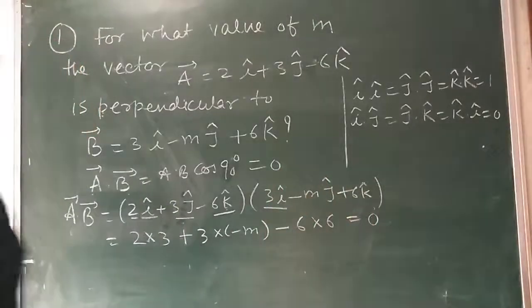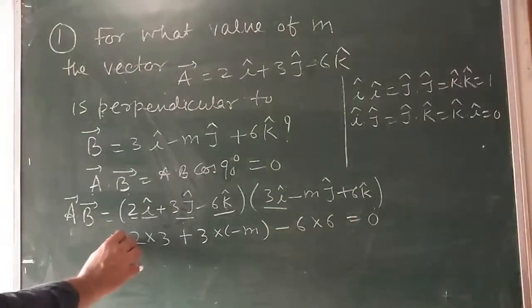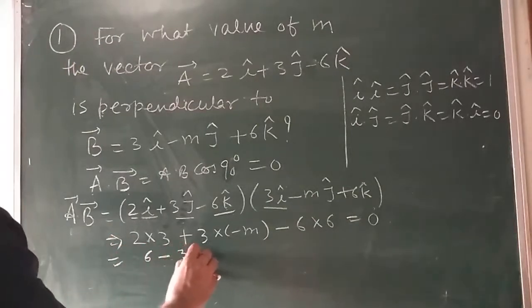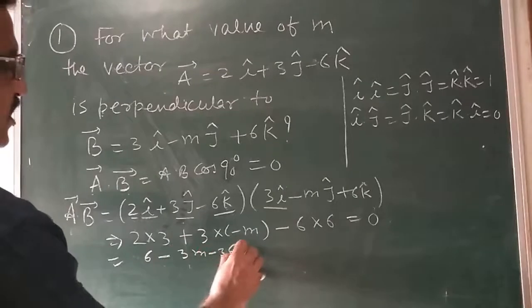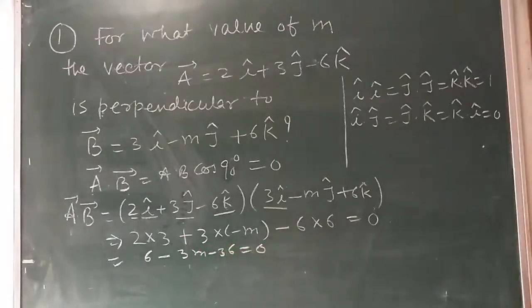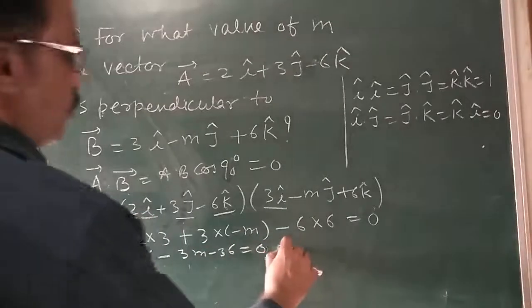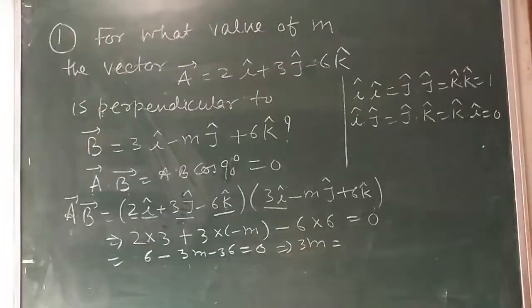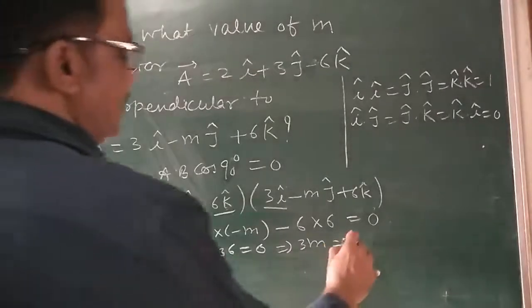This is the condition here. So see that: 6 minus 3m minus 36 is equal to 0. So you can write here 3m is equal to minus 30.